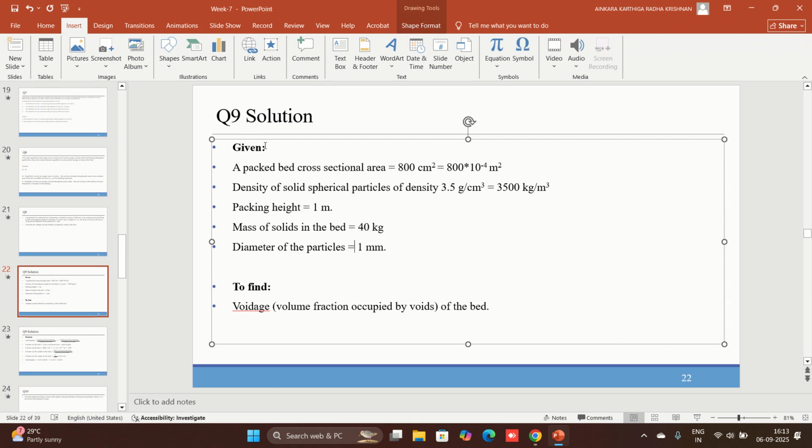We need to find the voidage, the volume fraction occupied by voids in the bed. We write 800 centimeter square in meter square, so 800 into 10 power minus 4 meter square, and the density of solid spherical particles equal to 3.5 gram per centimeter cube. Packed bed cross-sectional area is 800 centimeter square. Packing height is 1 meter.